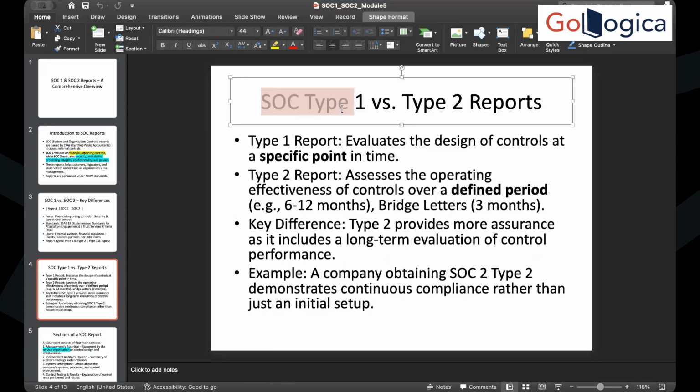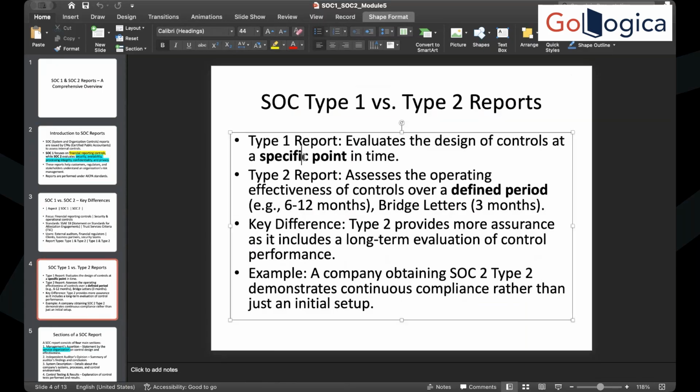So you see SOC 1 type 1 versus type 2 reports. I'll just give you a brief, then we'll read through the slide. A type 1 report is point-in-time testing. This is pretty much for emergency reports. For example, a customer is demanding a SOC 1 report right now.